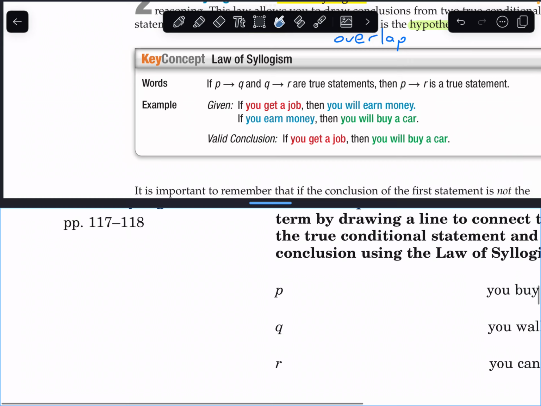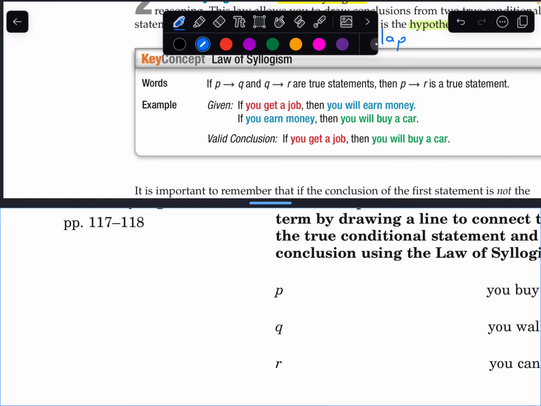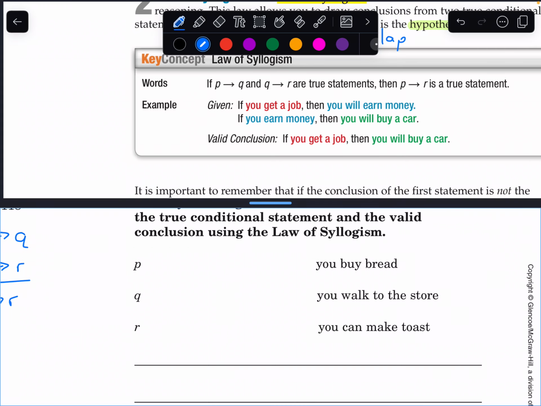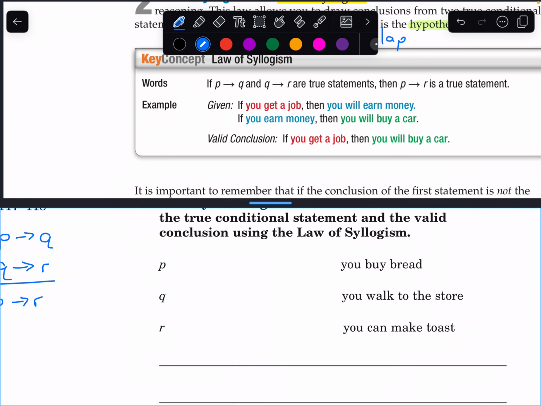That should be in the form of, we need if P then Q, and if Q then R. Therefore, if P then R. So we have P, Q, and R in that order.